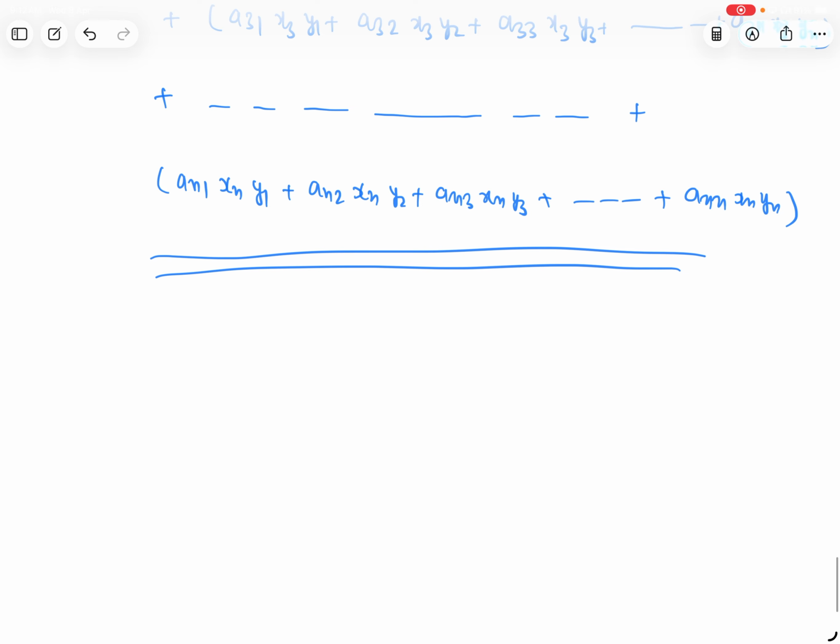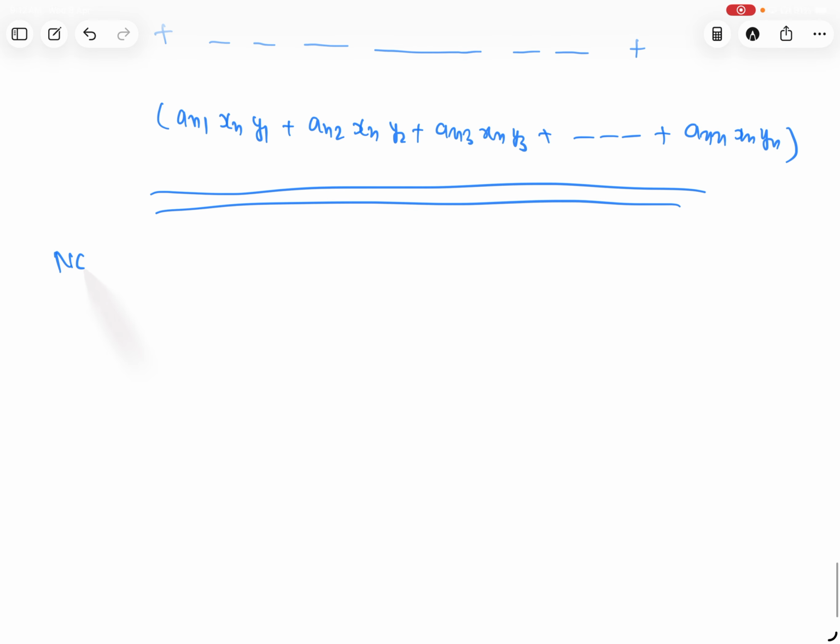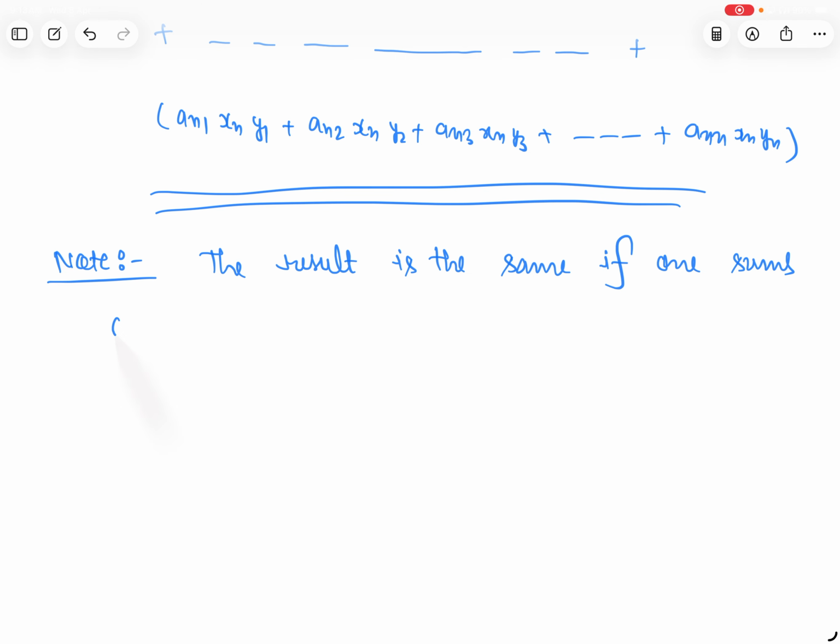Note: the result is the same if one sums over j first and then over i.